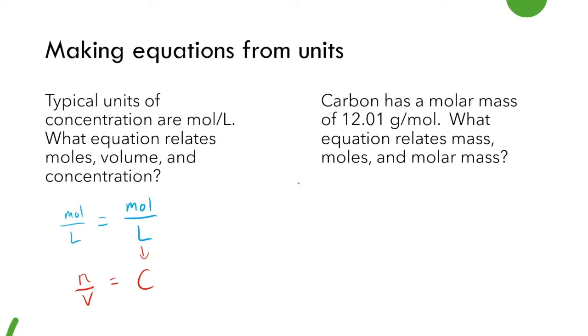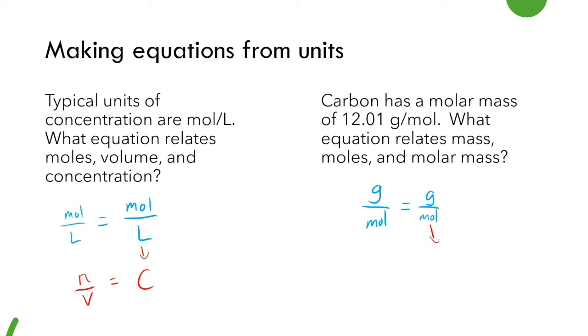Take a moment and try doing that with the second example. Pause the video, give it a go. All right, we're told that carbon has a molar mass of 12.01 grams per mole. Okay, so we're just going to say grams per mole. And just like before, we're going to do that silly thing and say that's equal to stuff measured in grams over stuff measured in moles.